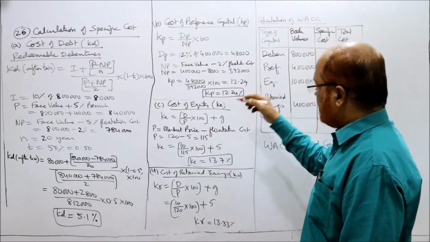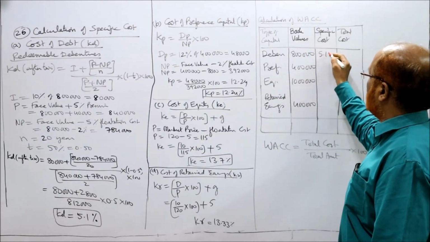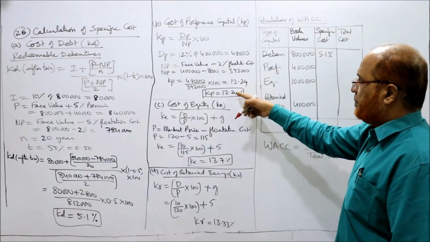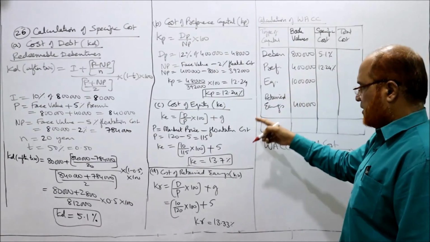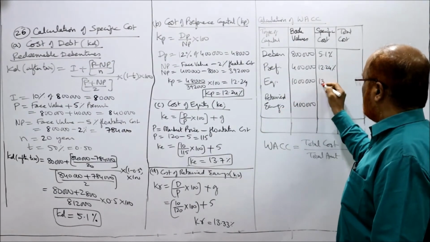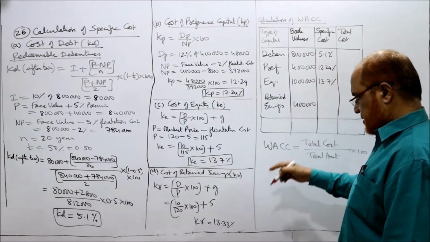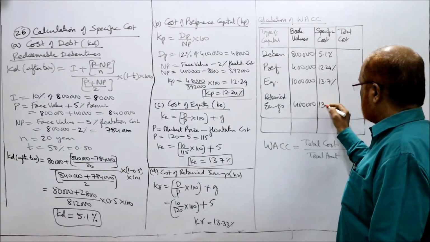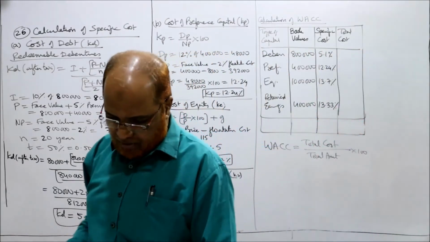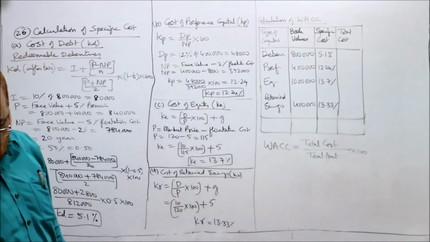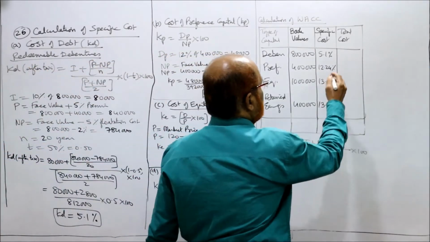KD is 5.1%, KP 12.24%, KE 13.7%, KR 13.33%. Now 8 lakh into 5.1% is 40,800.